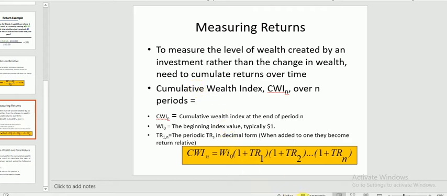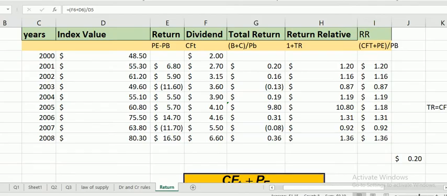Look here: in 2000 we buy a stock at 48.50, and let's suppose I keep this stock till 2006.